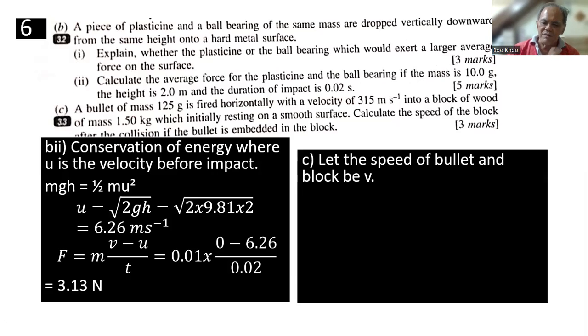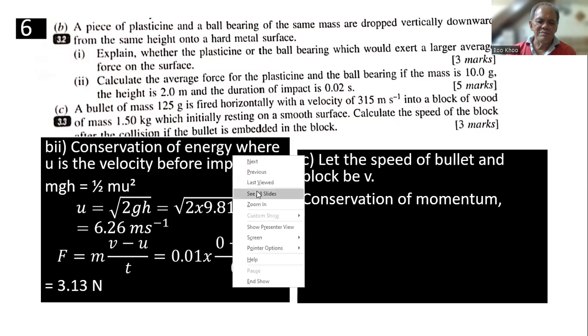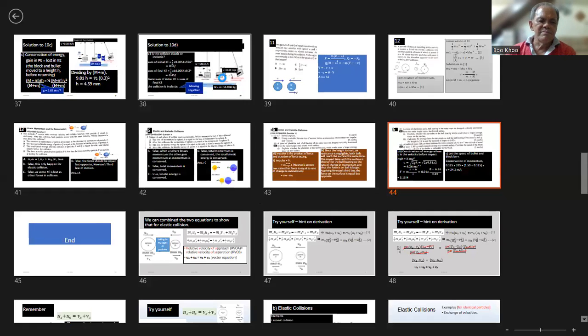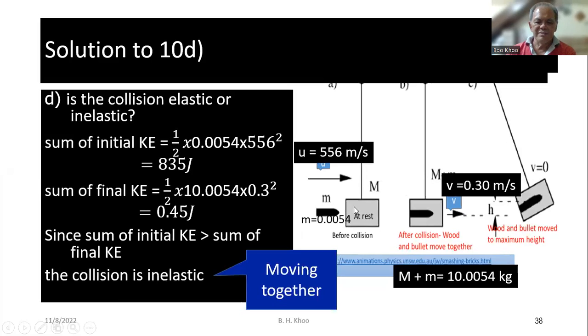Let the speed of the bullet and block be v. Right? It's the same as what we have done before, except it's not a pendulum, it's lying on the smooth ground. Right? Initially, this is at rest, embedded, they move together.